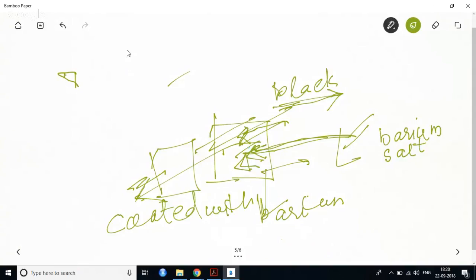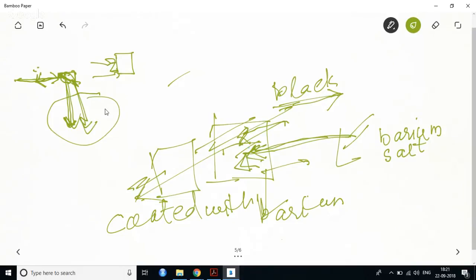Why is the target not a straight thing so that the rays strike here? Why is the target inclined at 45 degrees? The target is inclined at 45 degrees so that when the cathode ray strikes, the emission of X-rays is not in the direction of the cathode ray, and we can find the maximum intensity of the X-rays outside the tube. That is why it is made at 45 degrees.